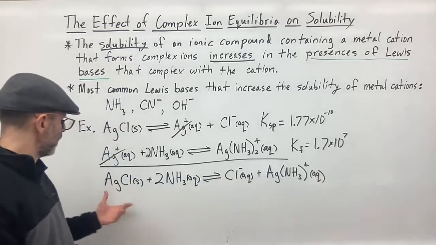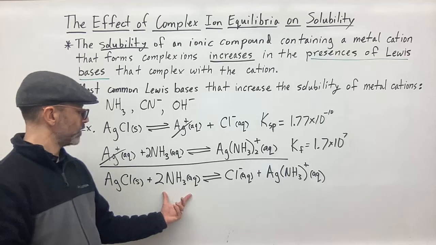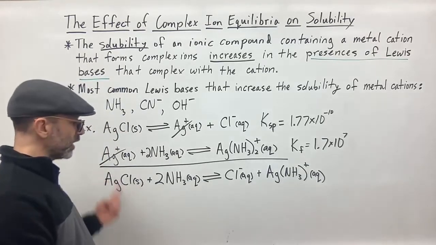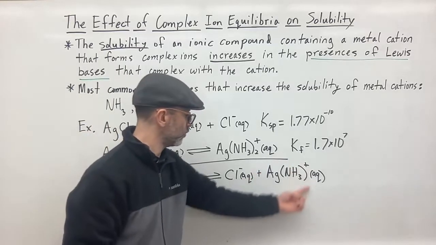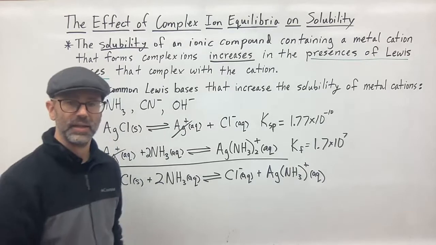So what it ends up being is you've got your silver chloride solid, you throw in some ammonia, and the ammonia is going to complex with the silver to form your silver ion complex here, leaving the chloride ion there.